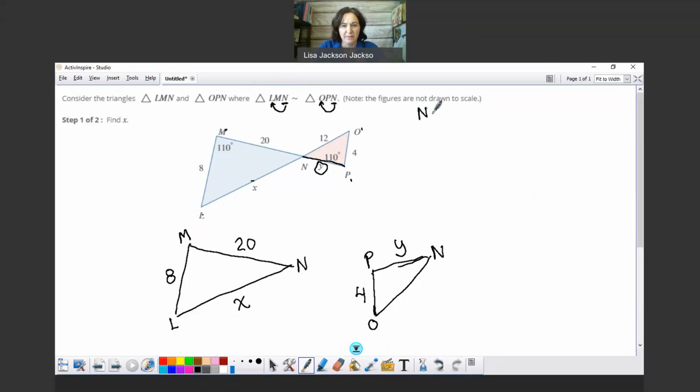So NL is the same as, that should be a squiggle, NL is the same as NO. So here I have N to L. Here that's the same as N to O. So N to L was X. N to O, I marked over it with my scribbles here. N to O is this line, and it's labeled with a 12.